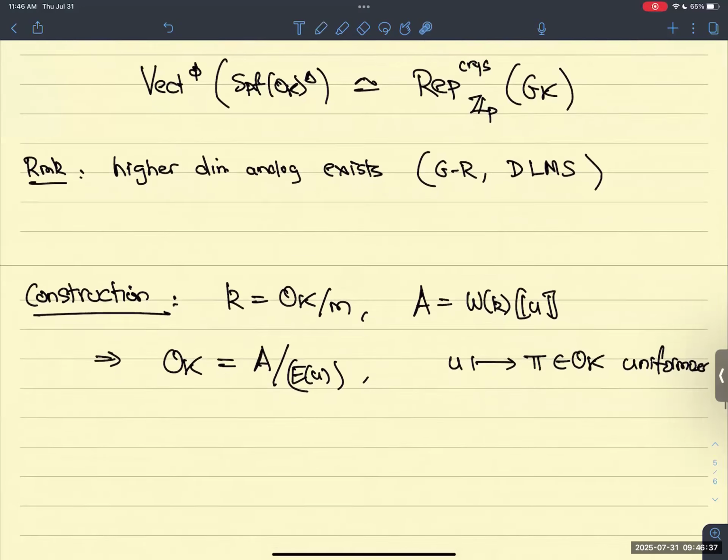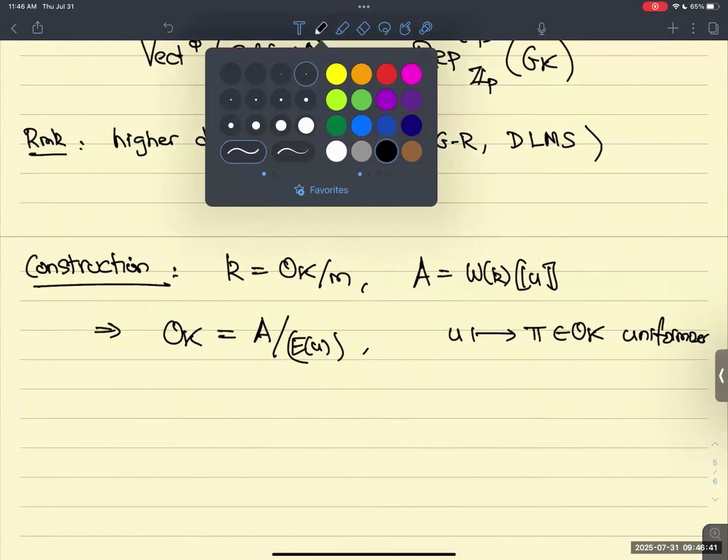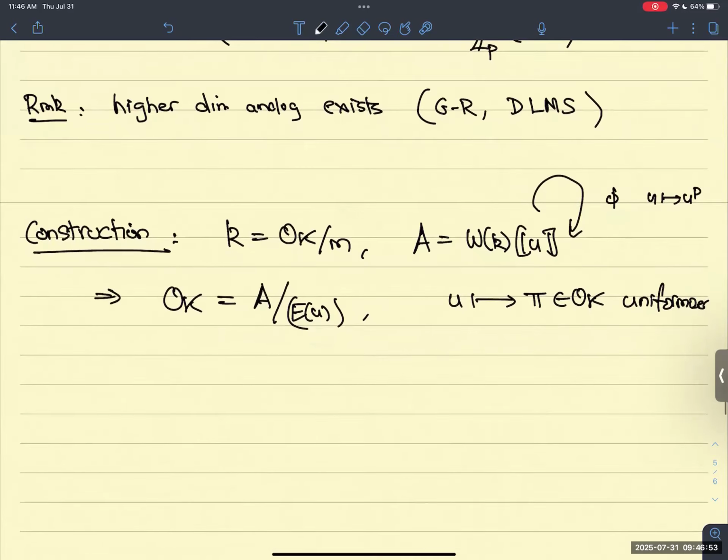And we're going to regard this ring A as having a lift of Frobenius phi determined by sending u to u^p. A is going to be an example of a prism, and a prism comes with such a lift.